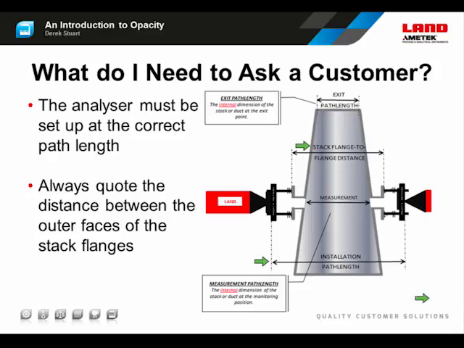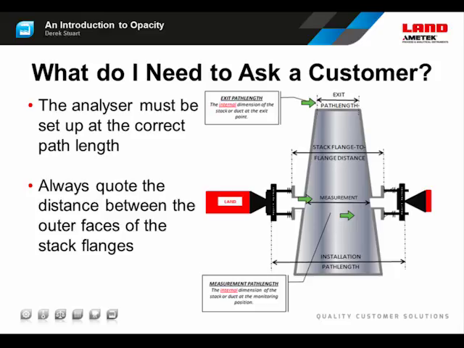Okay, back to our path lengths. The last thing we need to know is a factor called the path length correction factor. And this is the ratio of the stack size where we actually make the measurement, which is called the measurement path length, and the stack diameter at the exit.